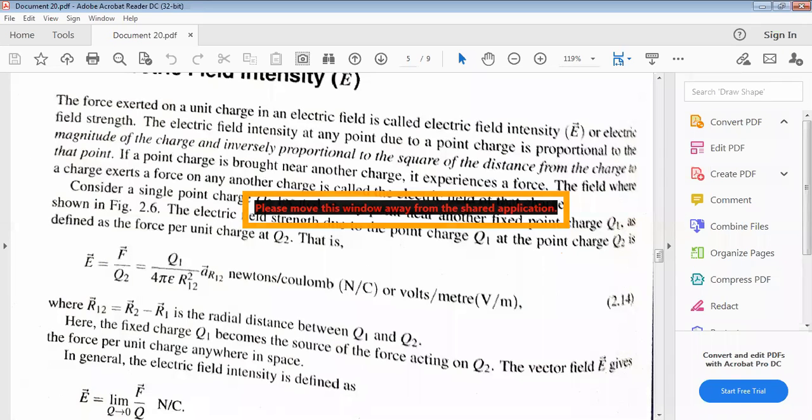What is meant by F according to Coulomb's law? F equals Q1 Q2 by 4 pi epsilon naught R square.